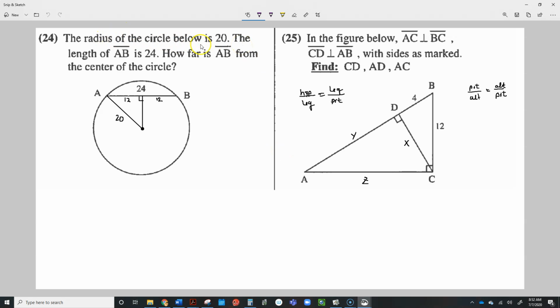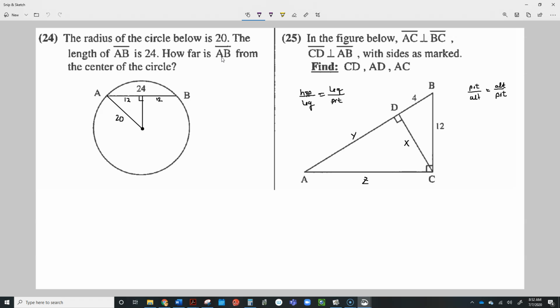The radius of the circle below is 20, so I marked the radius. I drew a radius. I could have drawn it anywhere, but I drew it to where it's most helpful, and I marked it as 20. The length of AB is 24, and that was marked. And then because of what it asked, how far is AB, the distance from a line to a point is always the perpendicular distance.